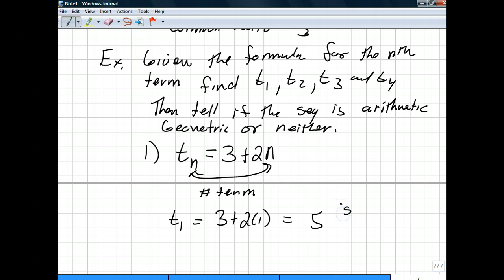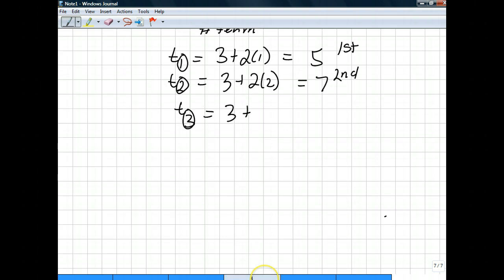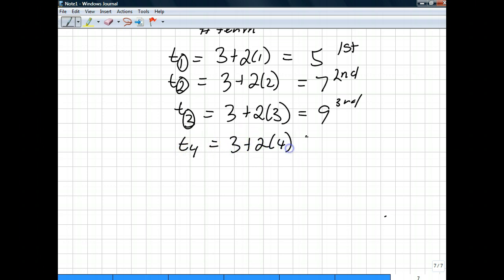T sub 2 is 3 plus 2 times 2, so that's 4 plus 3, or 7. That's the second term. Then 3 plus 2 times 3 gives us 9. That's the third term. And T4 is 3 plus 2 times 4. 2 times 4 is 8, and 8 plus 3 is 11. That's the fourth term.